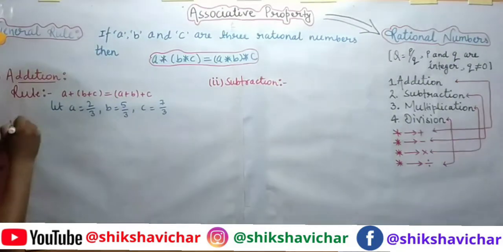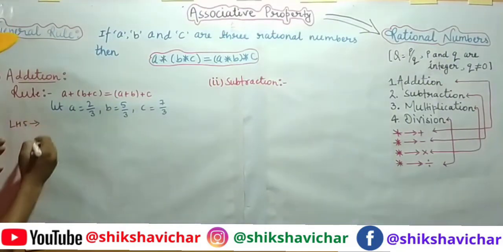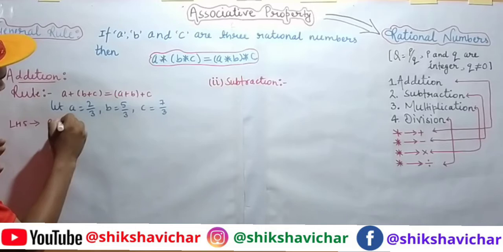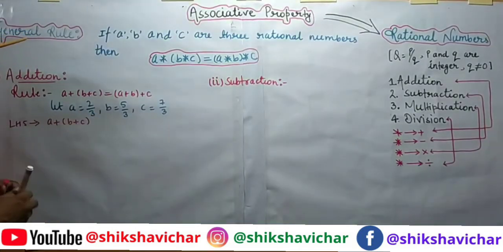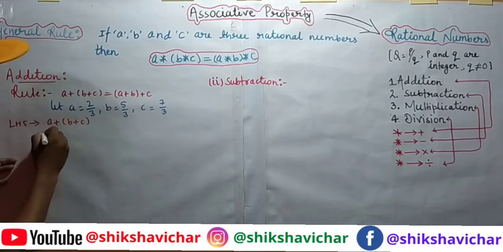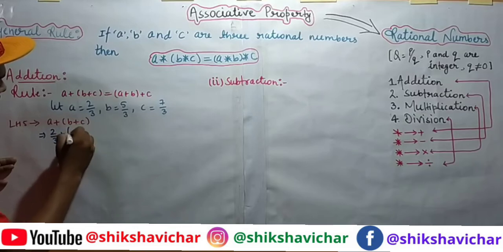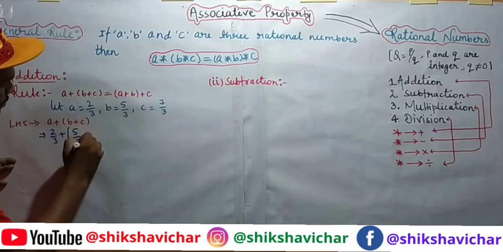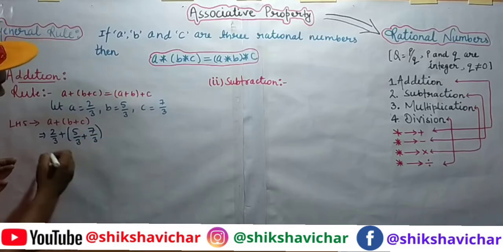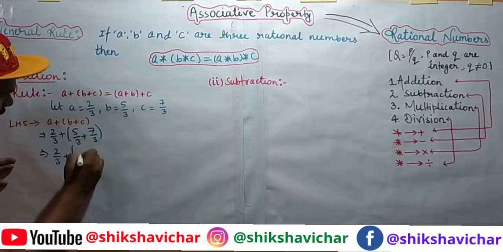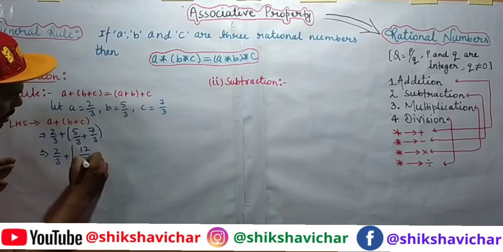First, LHS. What is LHS? That is a plus (b plus c). Substitute the values. That means 2 upon 3 plus inside bracket 5 upon 3 plus 7 upon 3, and then solve it. We will get 2 upon 3 plus (5 plus 7), that will be 12 upon 3.